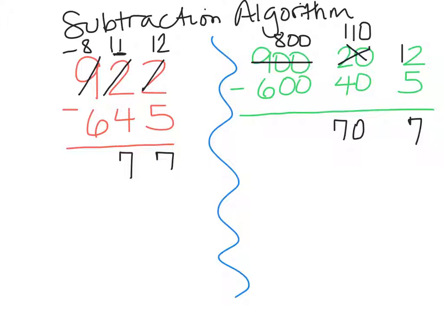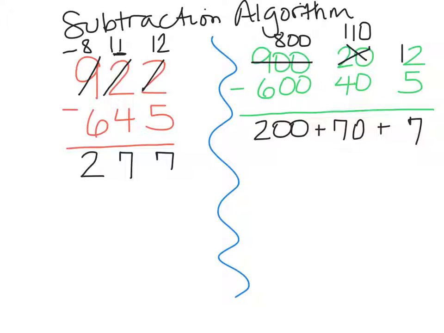I've got my 8, and I subtract 6 from it, which gives me 2, or if you look on the right, 800 minus 600, which is 200. So my answer is 277: 200 plus 70 plus 7. That's how the algorithm works.